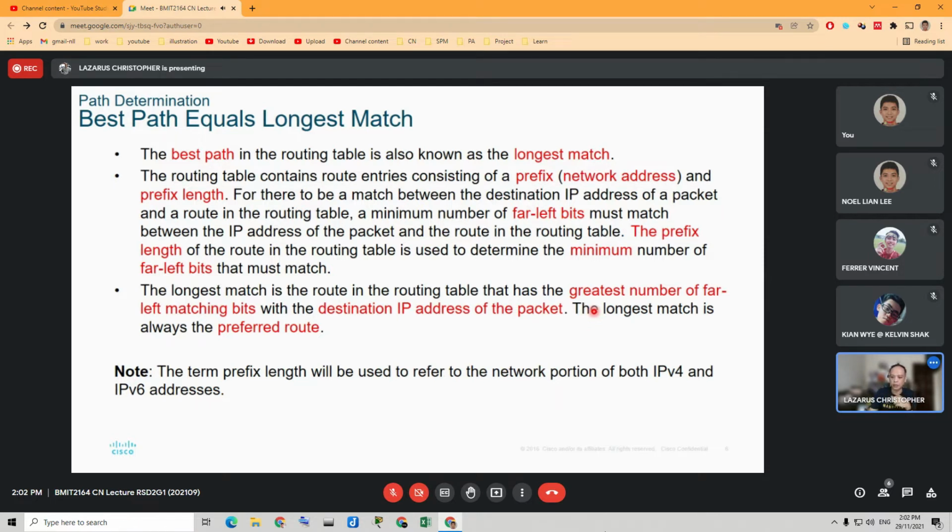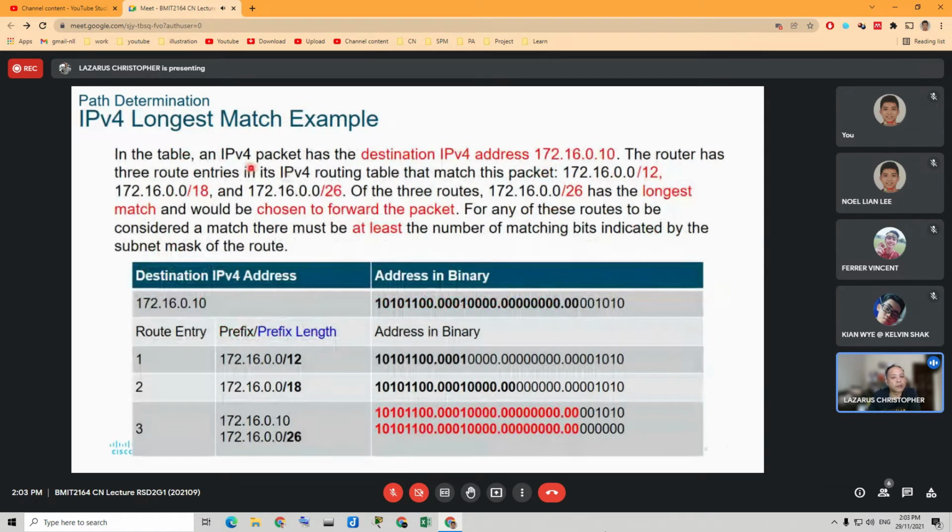All right, so let's have a look at the example here. An IP version 4 packet has the destination IP version 4 address of 172.16.0.10. The .10 means it's a host, but we extract the network address, and the router has 3 routing entries in its IP version 4 routing table.